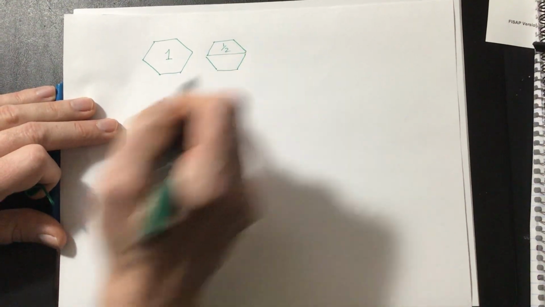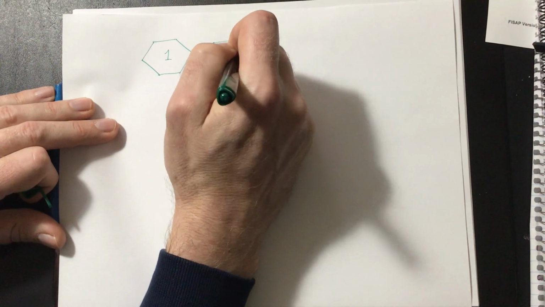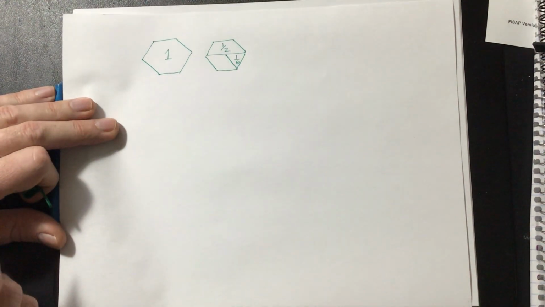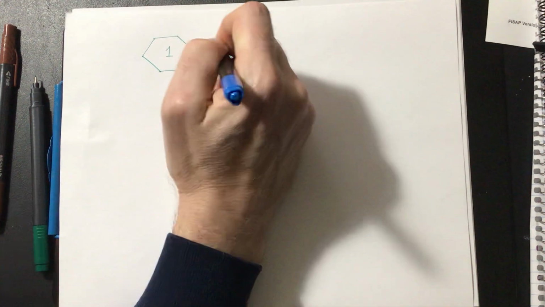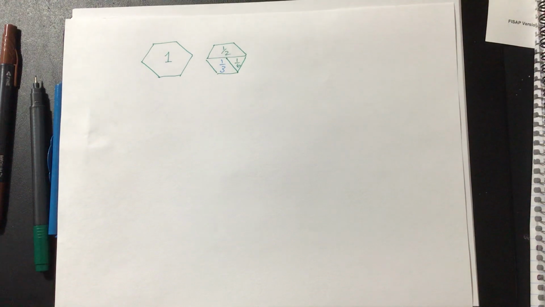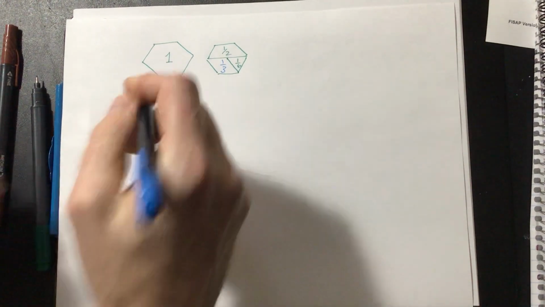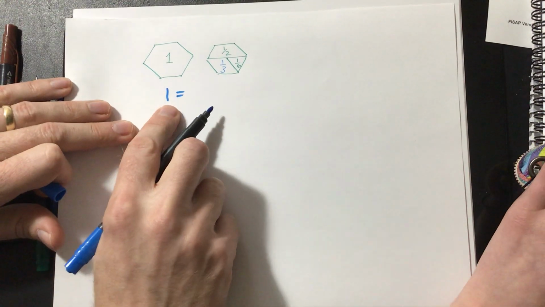So 2 of those would make a whole. And then there was a green triangle that was a 1/6, and then a blue rhombus that was 1/3. And from this picture right here, I actually get a setup for an Egyptian fraction representation for the number 1. Because check it out.